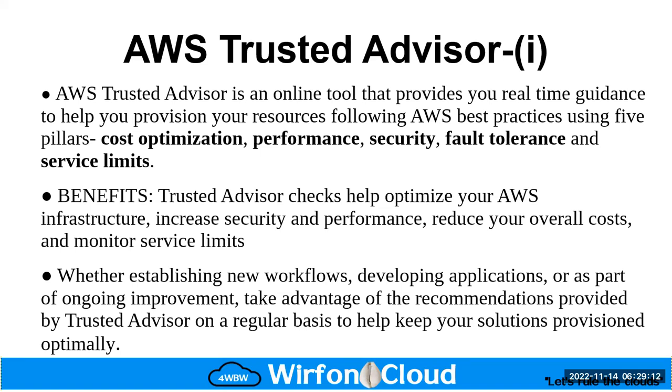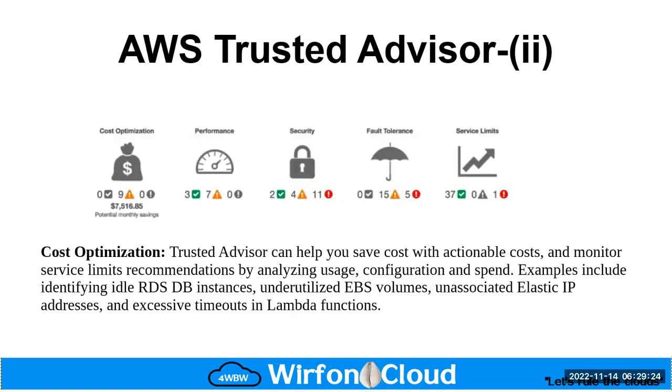You have full checks when you go higher in your plans, but for the basic one, you do 7 checks with AWS Trusted Advisor. So for example, for cost optimization, it will help you save costs with actionable recommendations by analyzing the usage, the configuration, and the spend in your AWS, what you have configured.